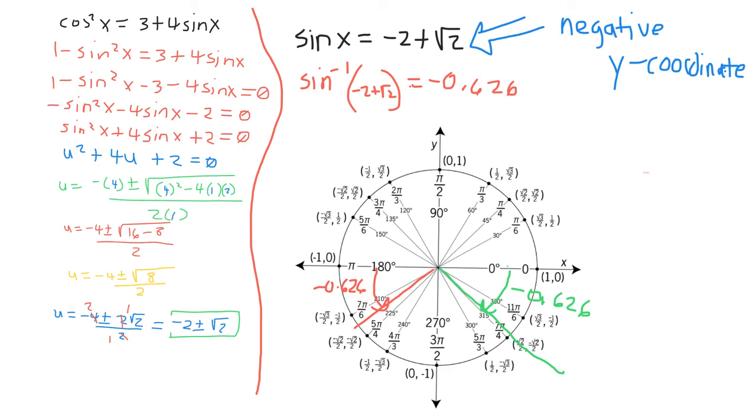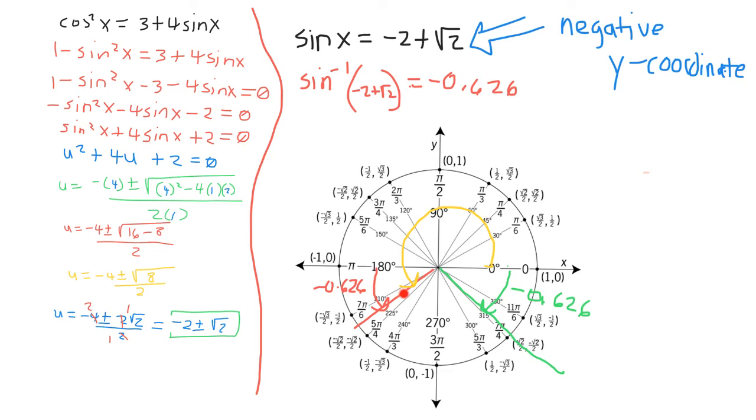Now, I think by now my student might be getting the hang of it, but let's make sure we're clear. We're actually talking about the angle that would open all the way from here and land right here. Okay? So all we have to do to find this angle is to basically take into account the fact that we go a distance of pi around, and then we're adding 0.626 on top of pi.